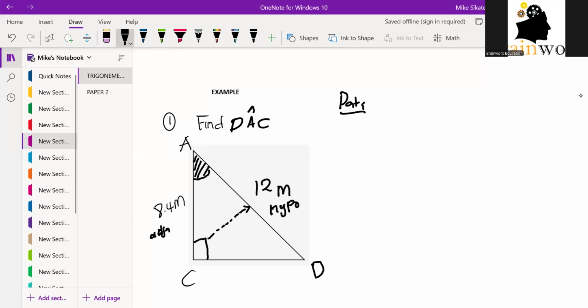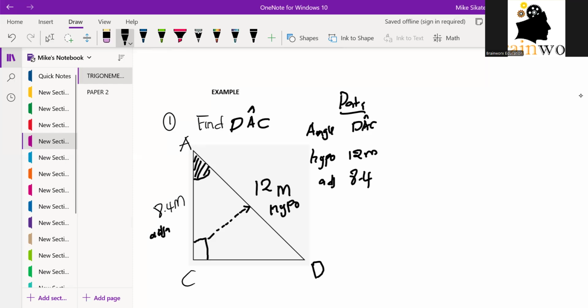The data that we have is the given angle DAC. Whatever trigonometric ratio we're going to use will be in relation to this angle DAC. We have the hypotenuse, which is 12 meters, and the adjacent side, which is 8.4 meters.